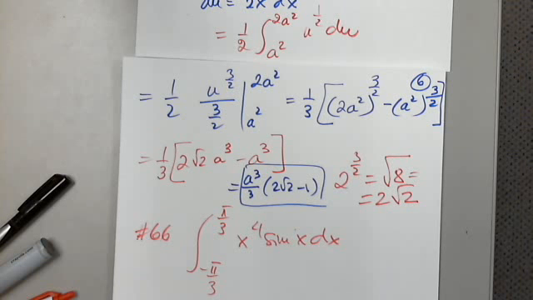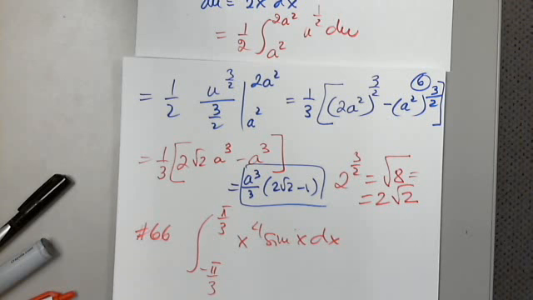Okay, so I see a definite integral, from negative pi over 3 to pi over 3 of x to the 4th sine x dx. I see a function which is x to the 4th sine x. Is this function continuous between negative pi over 3 and pi over 3? Yes, of course. x to the fourth everywhere, sine x everywhere. No problem. What else do I notice now? What is the next thing I see?